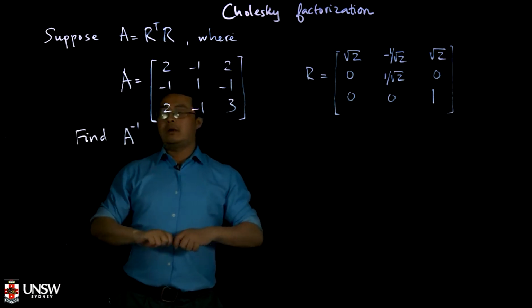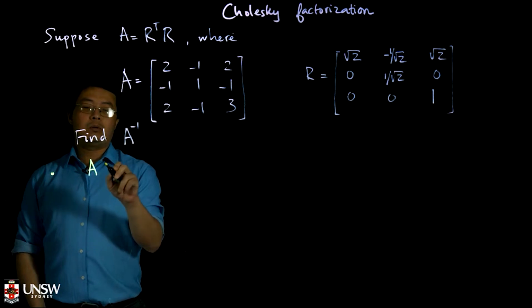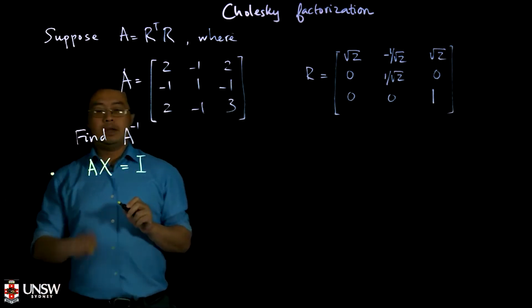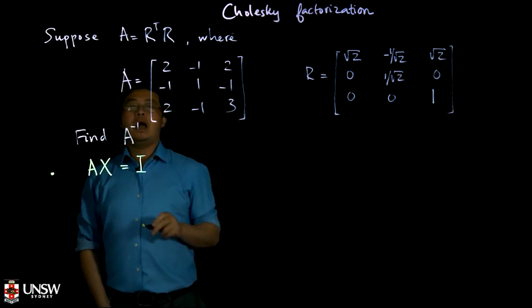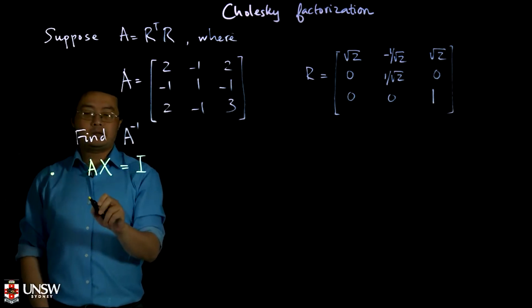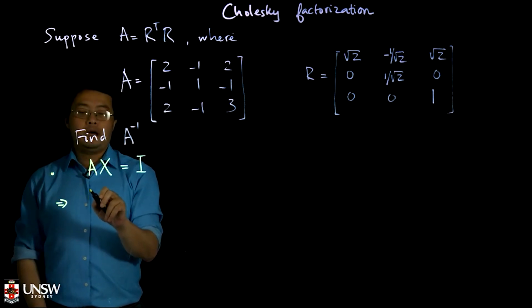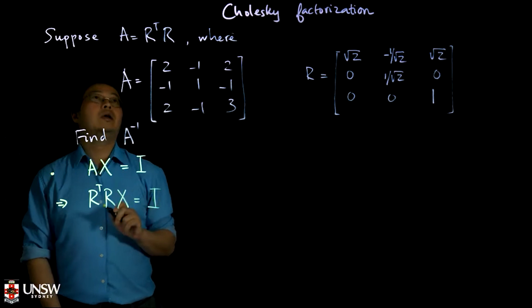Remember, A inverse is the matrix X such that when you multiply AX, you get the identity. Then X is just the inverse of the matrix A. Now I want to make use of the Cholesky factorization, so instead of writing AX equals identity, I write R transpose R X equals identity.